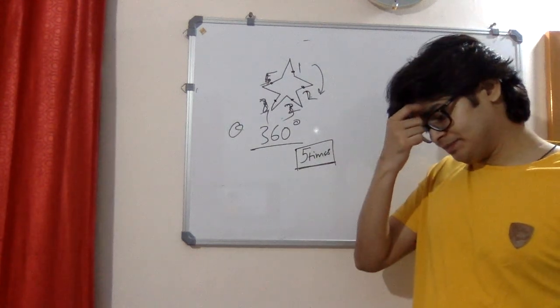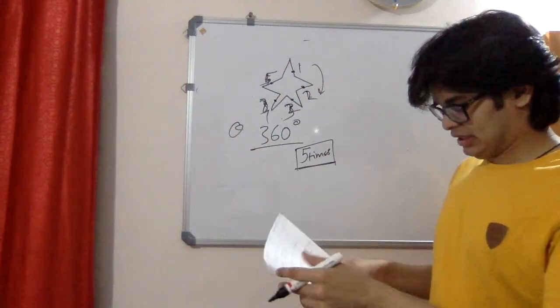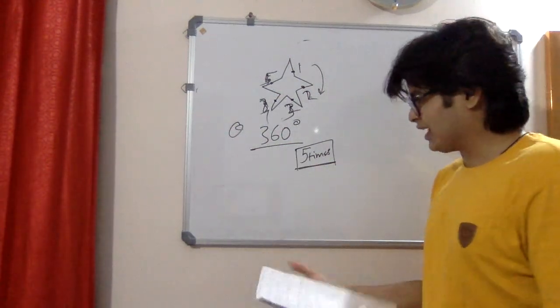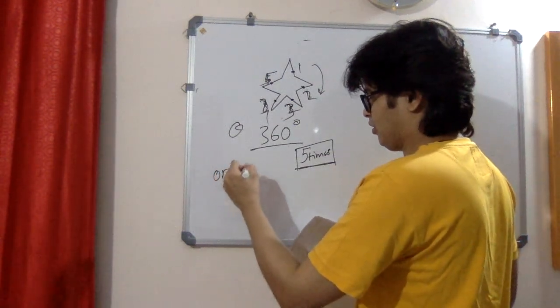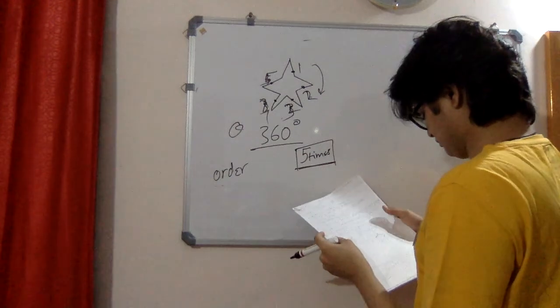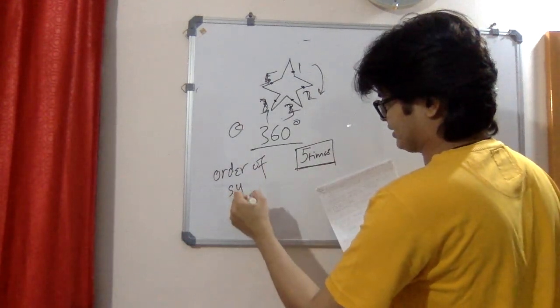So this number is known as the order of symmetry.